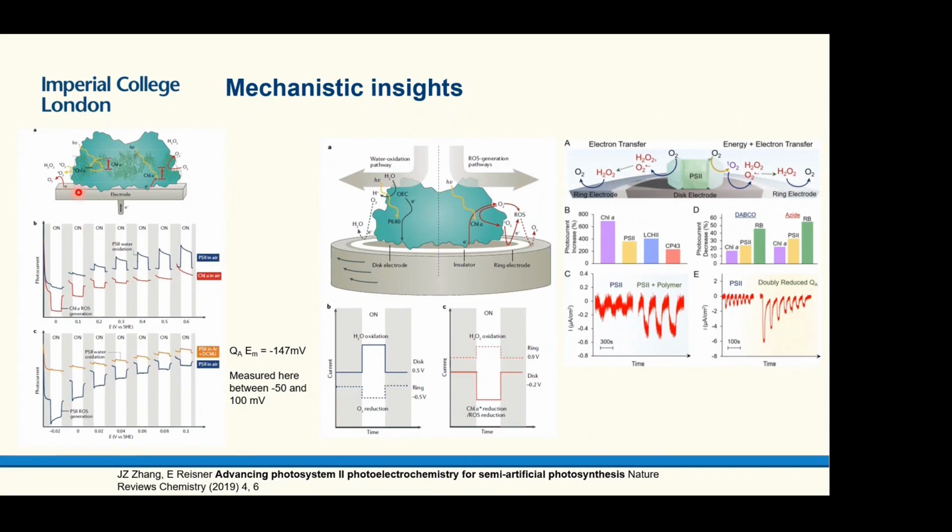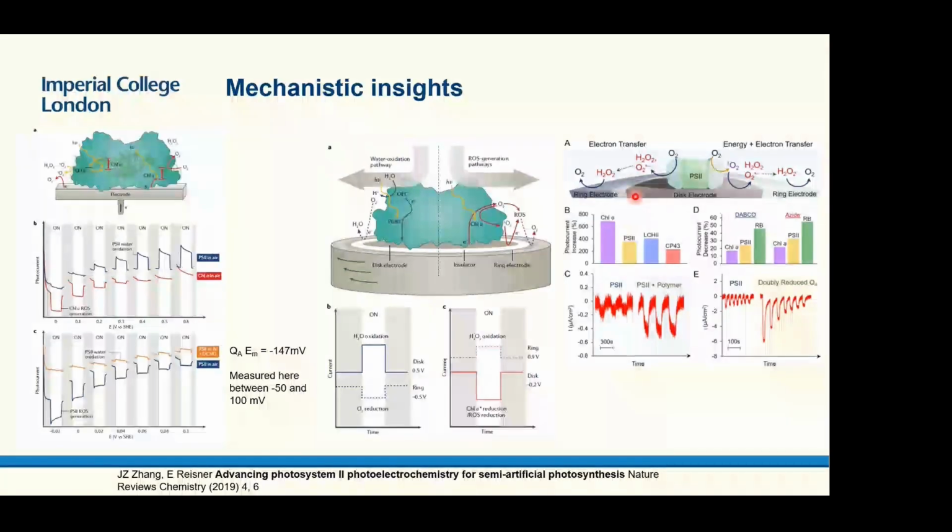So we then worked in collaboration with them using a ring disc electrode system to try to dissect the phenomenology of formation of these reactive oxygen species versus the reactive oxygen species formed via the natural physiological phenomena in photosystem 2.